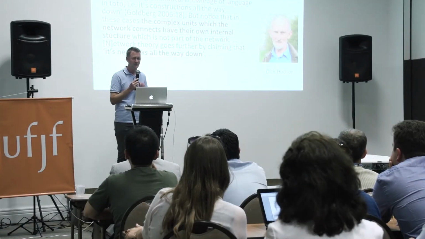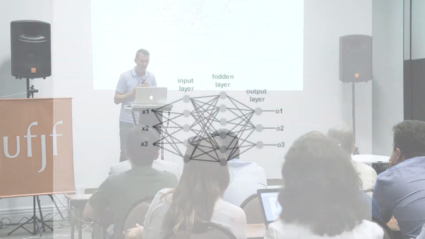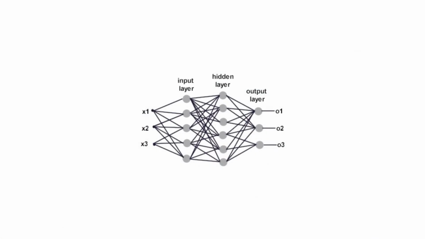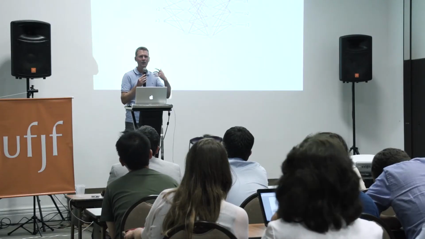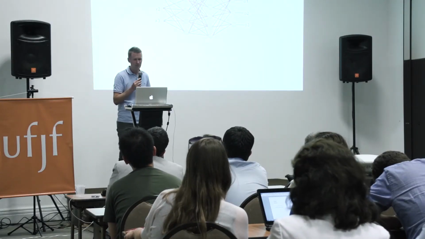And you can kind of see this if you just take a picture of a neural network, where the nodes really are slim and stupid. They don't do anything much. You can excite them and then they fire, but they don't contain a whole lot of information about semantics and constraints and phonological form and all of this.